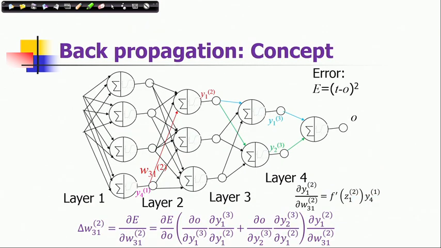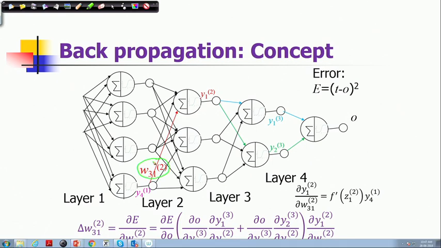So, let us consider this particular concept here. We would like to compute the derivative with respect to this weight. That means, we would like to compute delta E delta W 3 1 2. You note that here in my notation 2 denotes the layer.